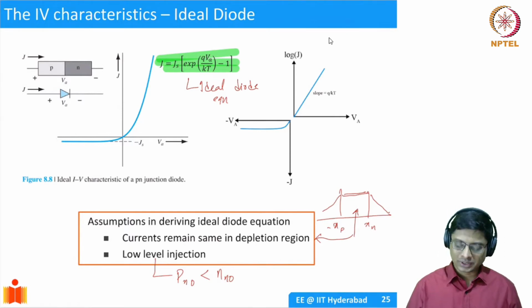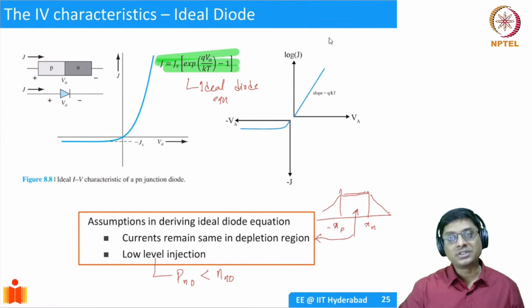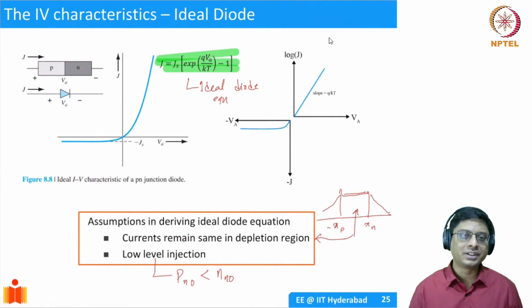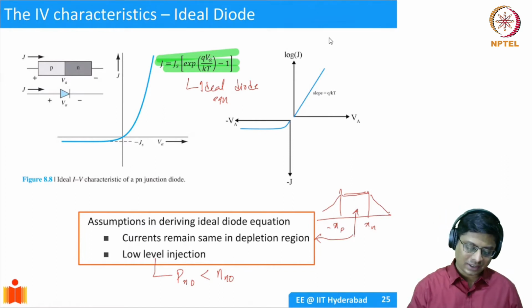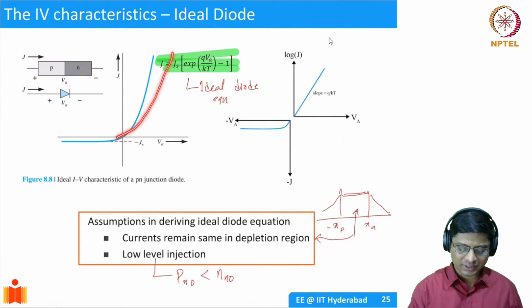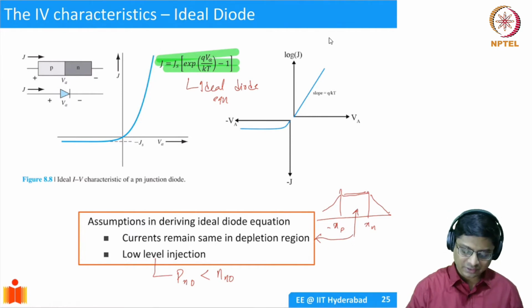But if you try to inject more holes, then we are going to have a region where even the majority carrier concentration is perturbed, and then your current characteristics will be slightly different. So we made these assumptions and derived this, and you must be familiar already with this sort of diode-like action. It's kind of linear at small voltages. In a finite range, it's going to be linear, and there is this threshold voltage that we can define, Vt.